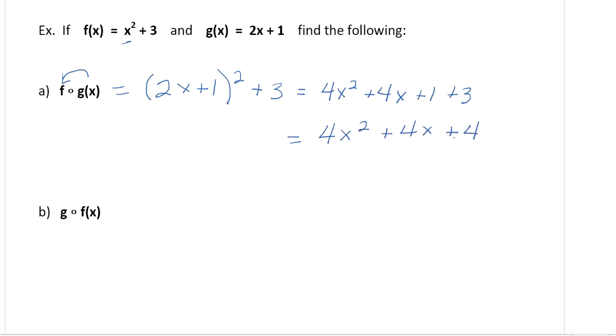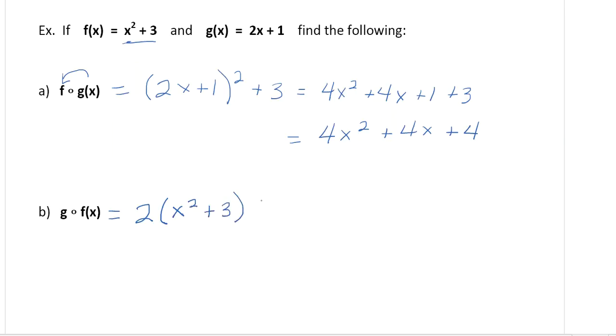So now we're going to come down here and do the vice versa. We're going to take this function f, this whole thing, and put it in right here where the x is in the g function. So it says 2 times x, take the 2, and then put where the x is the entire f function, x squared plus 3, close parentheses, and I have plus 1.